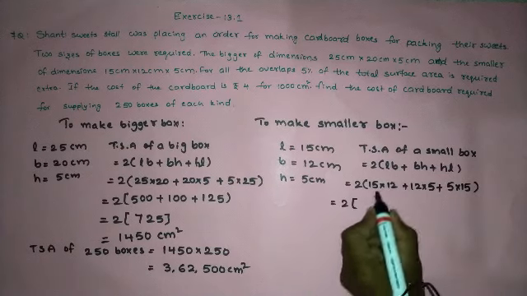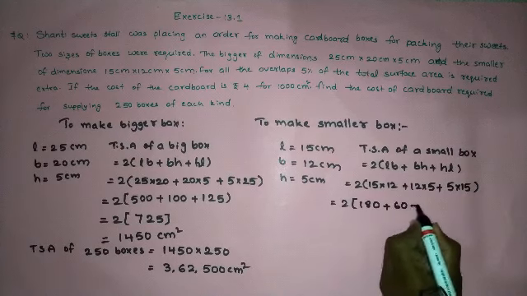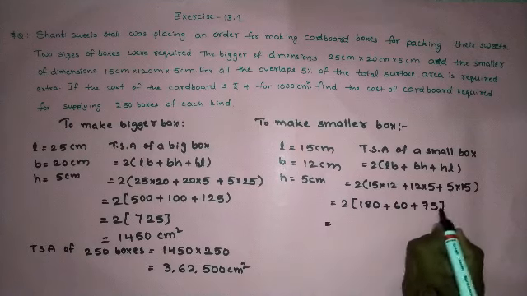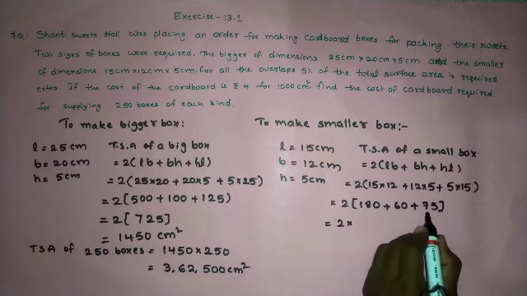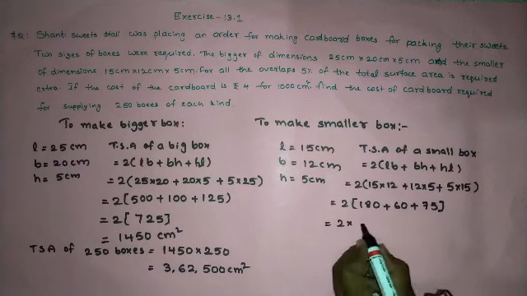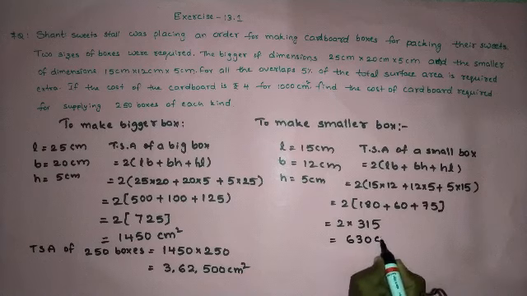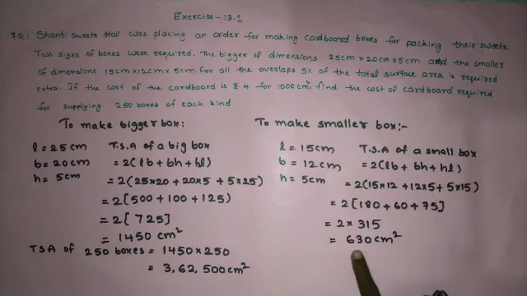Now 2 into 15 into 12, it is 180, plus 15 into 5, 60, plus 15 into 5, it is 75. By adding all these values, 180 plus 60, 240, 240 plus 75, 315. By multiplying 315 into 2 we get 630 centimeter square. It is the required cardboard to make a small box, that is 630 centimeter square.